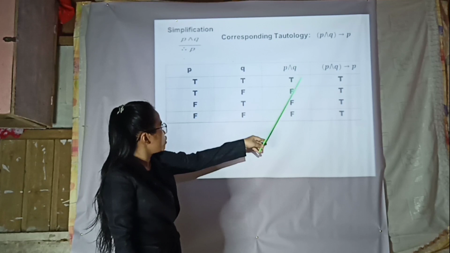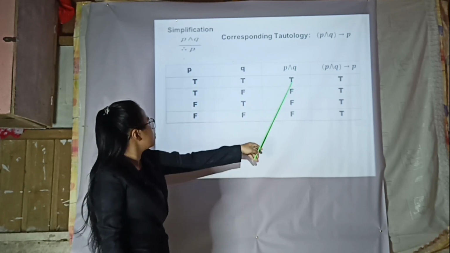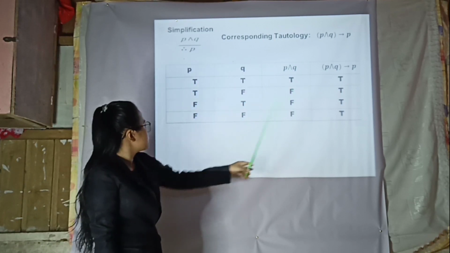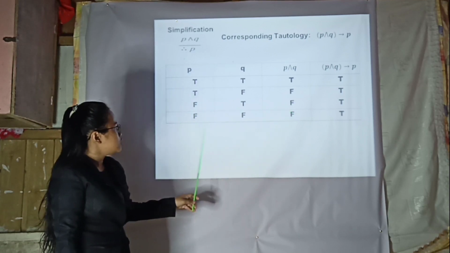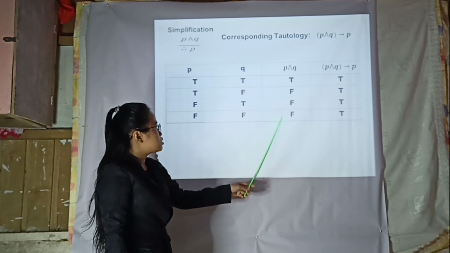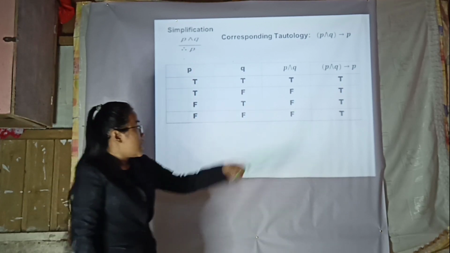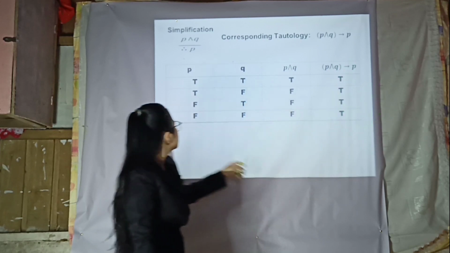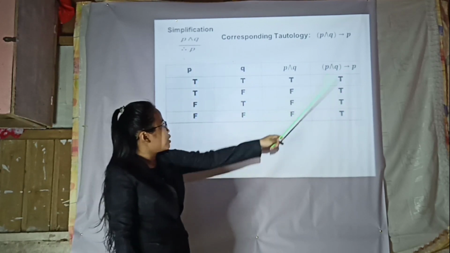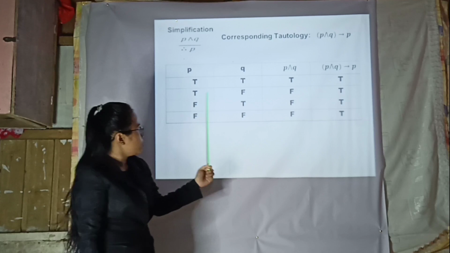So P and Q: true, false, false, false. Then P and Q implies P: true, true, true, true.